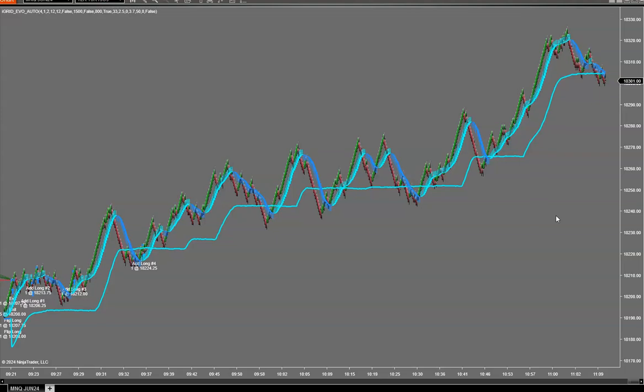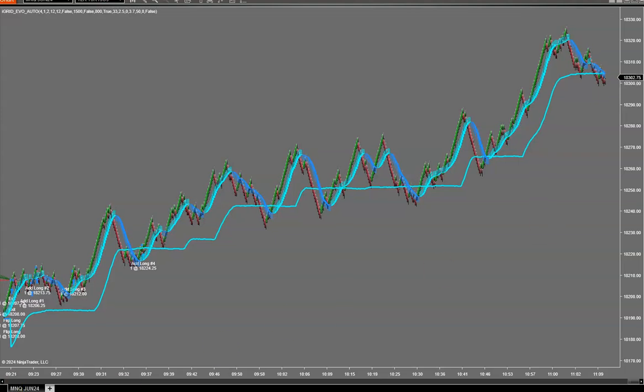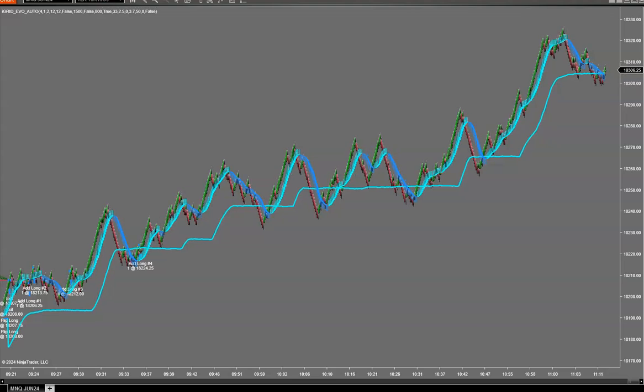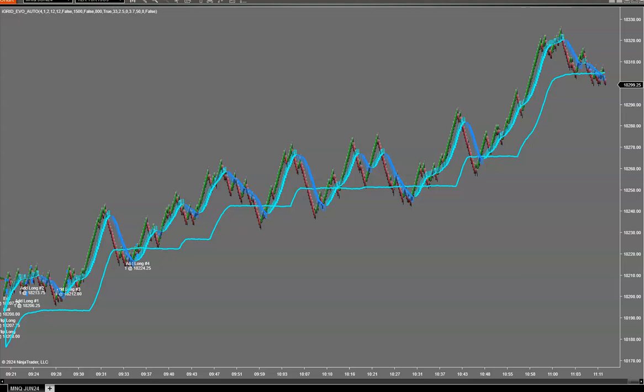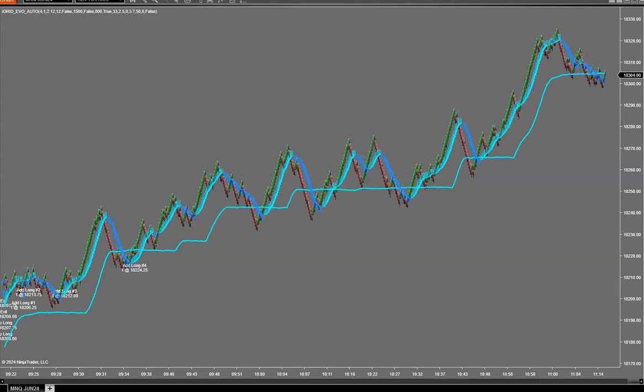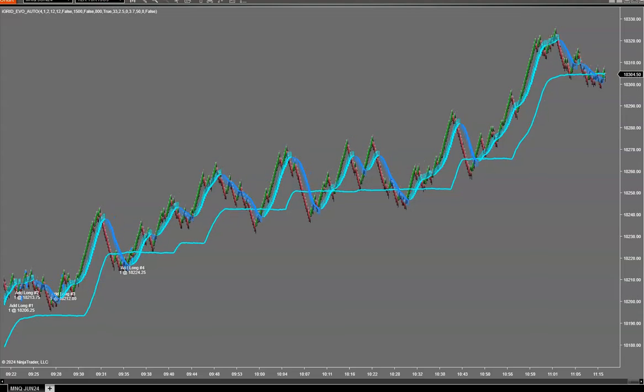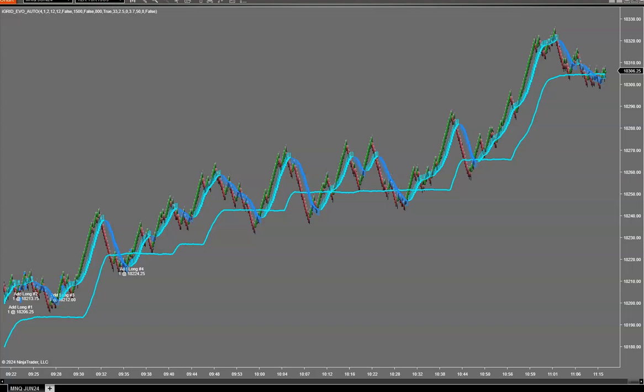Now, can you have other prop accounts where you run your system a little bit more full tilt? Sure, you could. So just make sure you're using a daily drawdown limit that's maybe only 1/3 or 1/4 of your max drawdown.